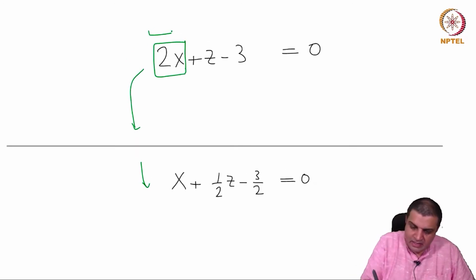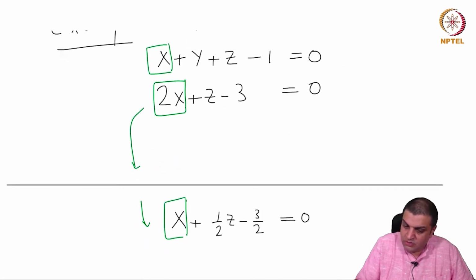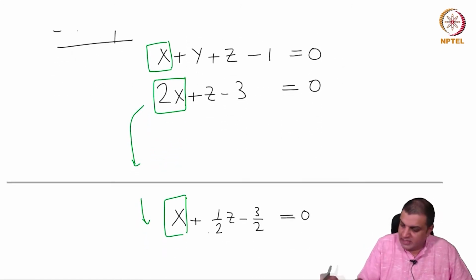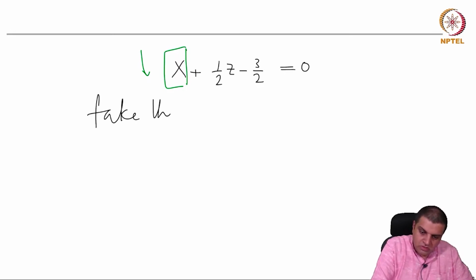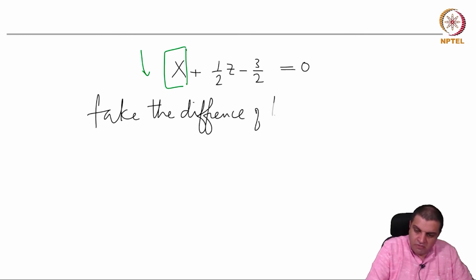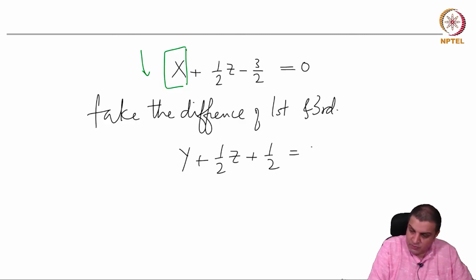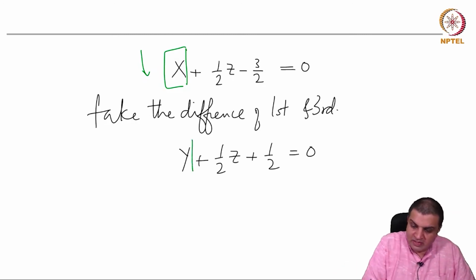Okay, and the leading term doesn't change. Now these two, the first and the third equation, have the same leading term. Take the difference of first and third. So that would give us y plus half z plus half equals 0, for which this is the leading term.